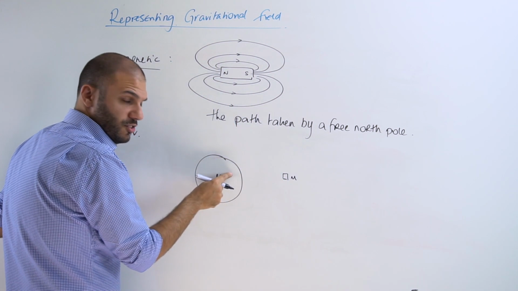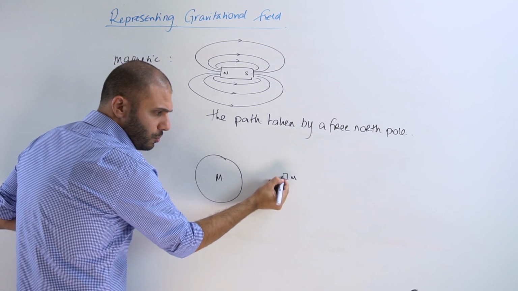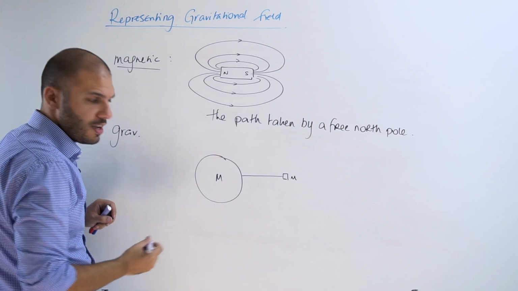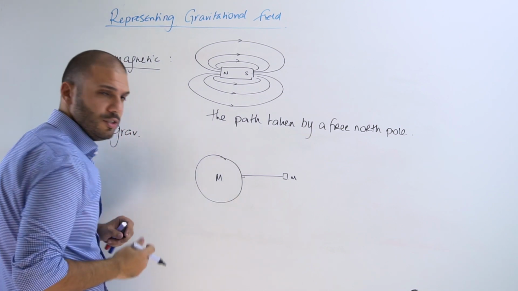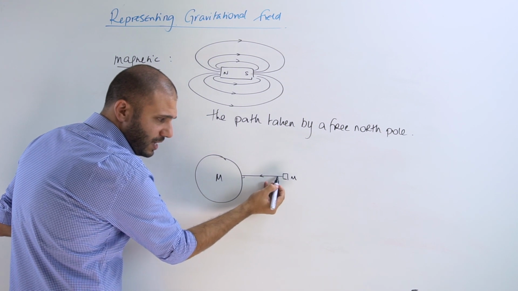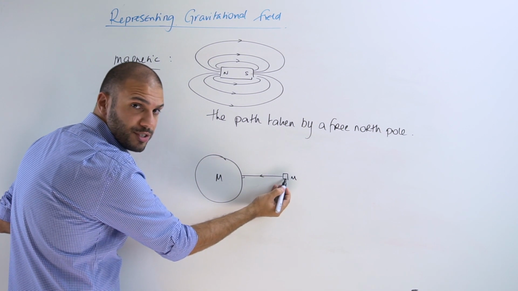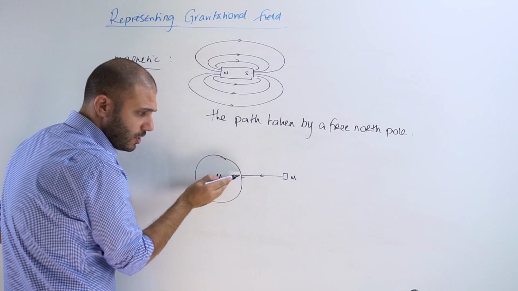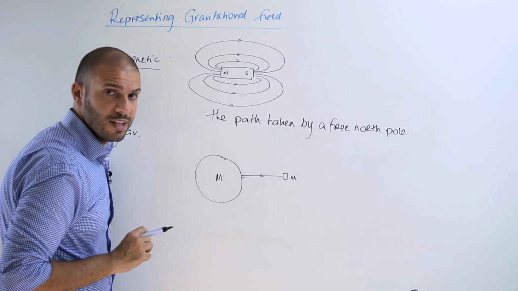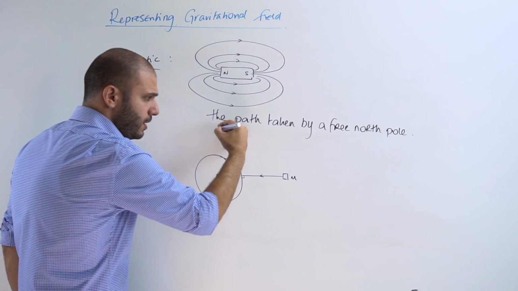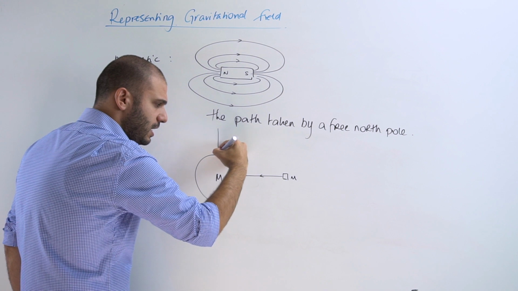This mass, if it is attracted to Earth, would move towards Earth in a straight line perpendicular to the surface of Earth, meaning the path taken by that unit mass would be a straight line towards Earth, hitting Earth's surface at 90 degrees. Had the mass been up top here, it would move vertically downwards.